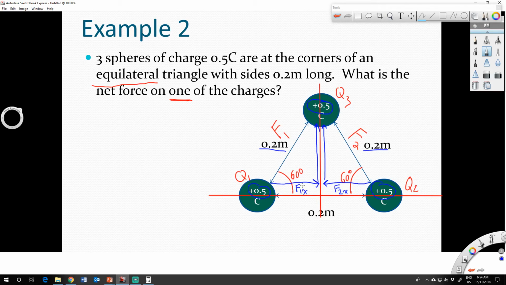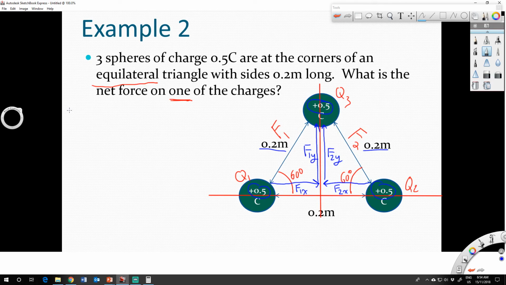The only difference is that F1x and F2x are going in opposite directions, so they will effectively cancel out. So the only things we really have to worry about to find the net force on charge 3 are the y components of F1 and the y components of F2.